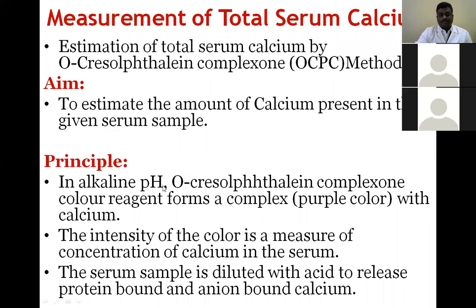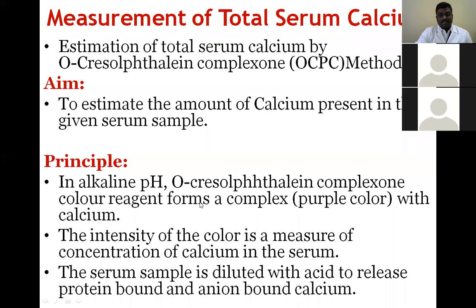We know that in alkaline pH, proteins are negatively charged, so more proteins are combining with the calcium ions, occupied by calcium ions. Orthocresolphthalein complexone is a color reagent.